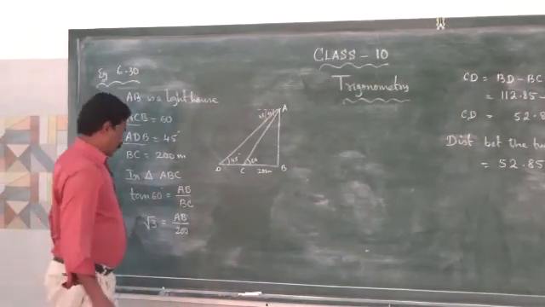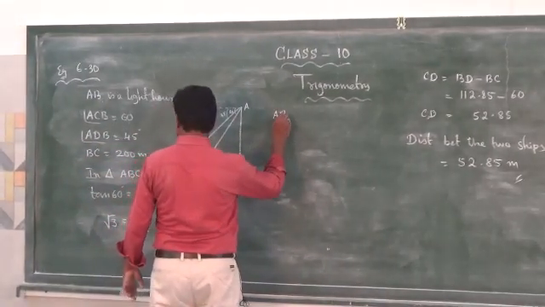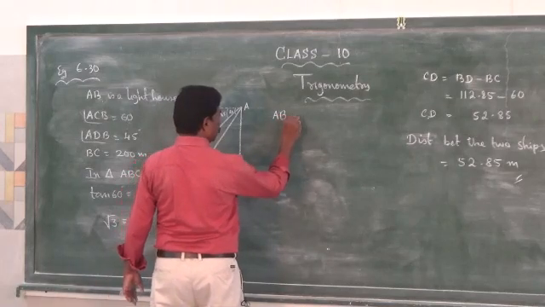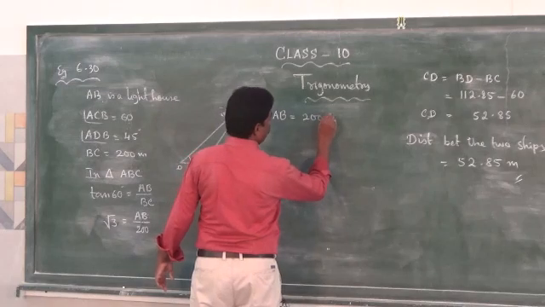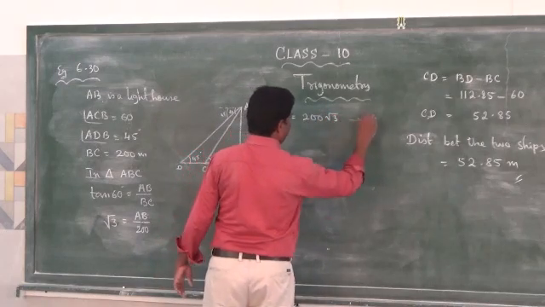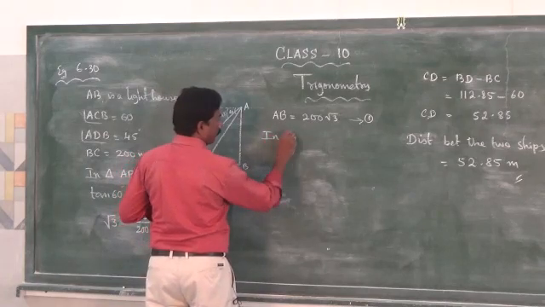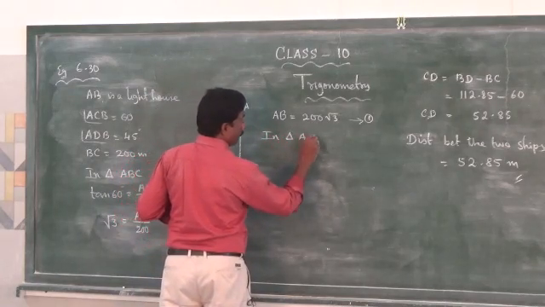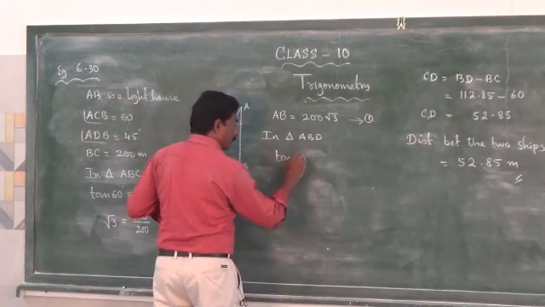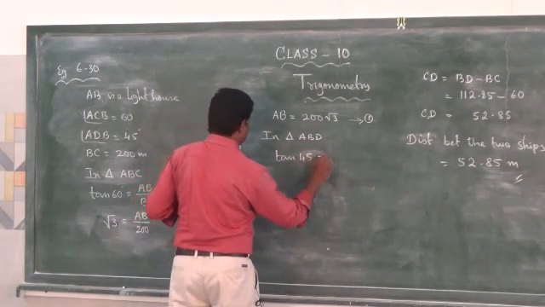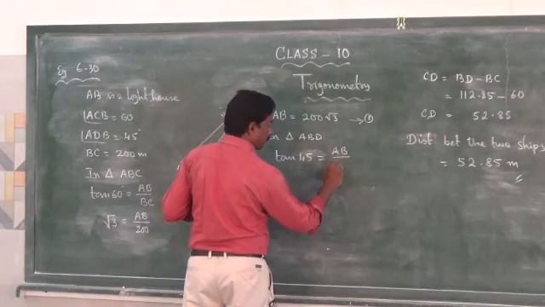When you cross multiply, AB is 200 root 3. Now in triangle ABD, tan 45 is equal to AB opposite by adjacent. Adjacent is BD.